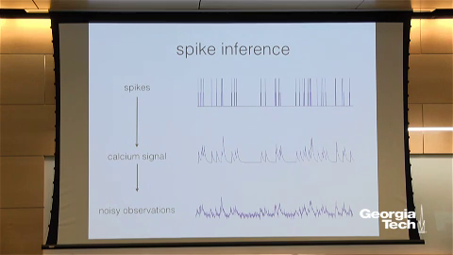Roughly speaking, the observations consist of spikes emitted from a single neuron, convolved with some sort of calcium transient, which is roughly modeled as a decaying exponential waveform. So you take your spikes, convolve them with this decaying exponential, and then add noise to get your final observations.